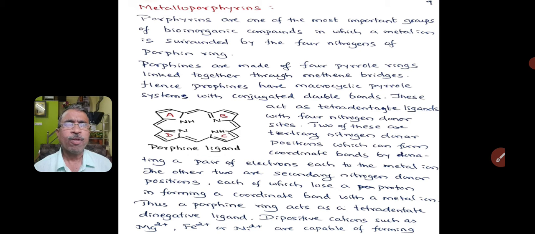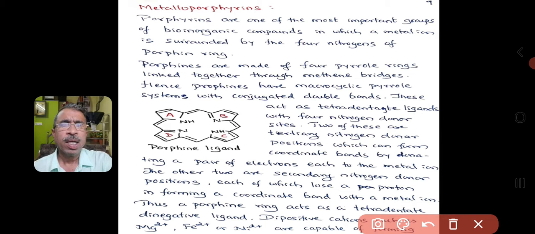Porphyrins are one of the most important groups of bioinorganic compounds in which a metal ion is surrounded by the four nitrogens of the porphyrin ring. Now, to know about this, let us look at the porphyrin ring. Suppose all these positions are filled with hydrogen atoms.